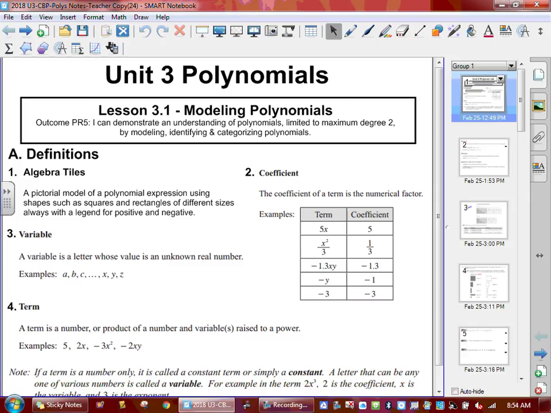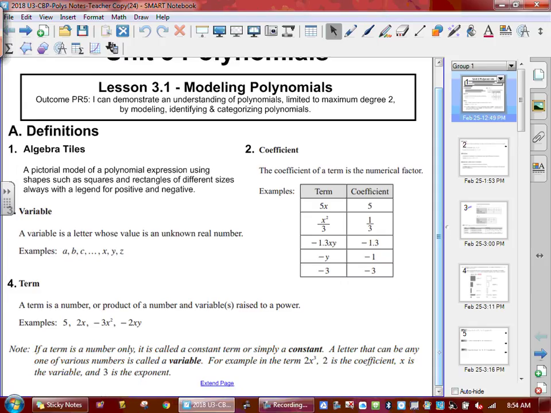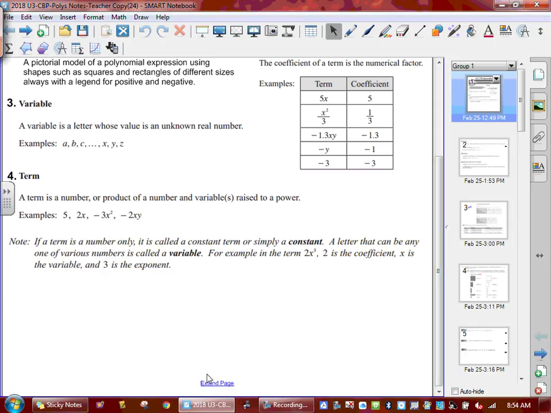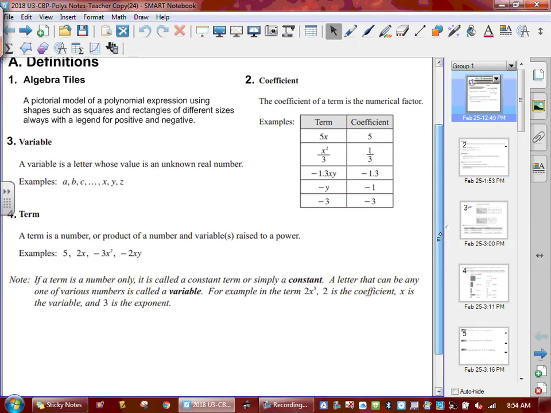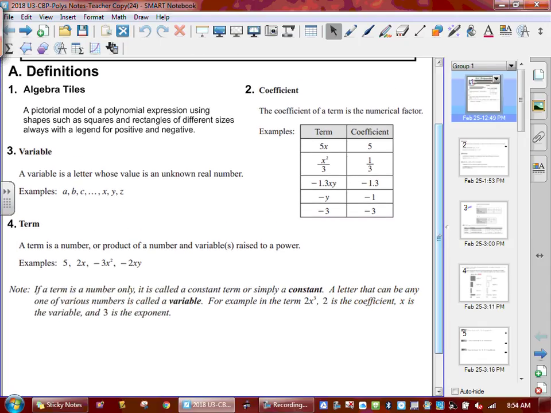First section is definitions. So when we look at things, the first definition here is talking about algebra tiles. So if you remember algebra tiles from last year, algebra tiles are pictures of things. So they are either little squares, triangles, circles, rectangles. So they're little objects that are representing a whole, okay?